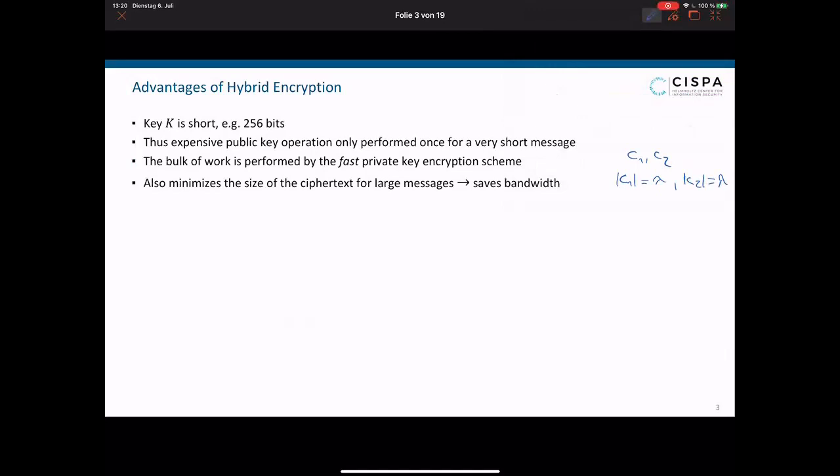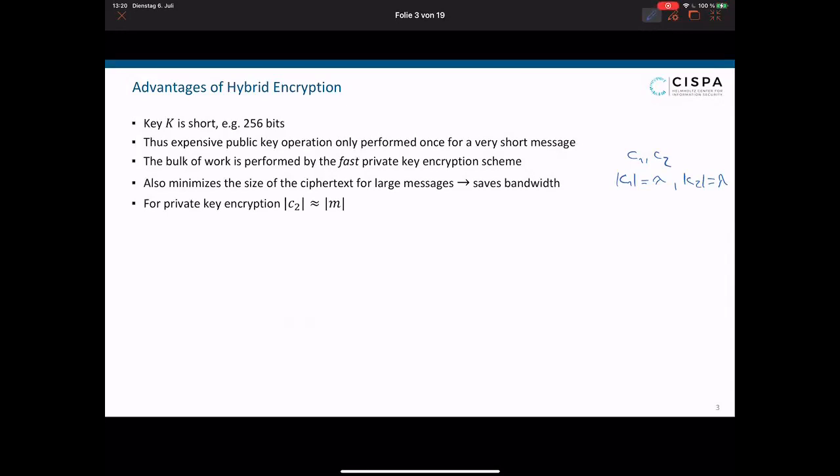So with ElGamal encryption, in order to encrypt lambda bits, I need to send you 2 lambda bits, a ciphertext of size 2 lambda bits. That's kind of wasteful, right? If I want to send you 100 gigabytes, I actually need to send you 200 gigabytes because my encryption scheme blows up ciphertexts. With private key encryption, this is not the case.